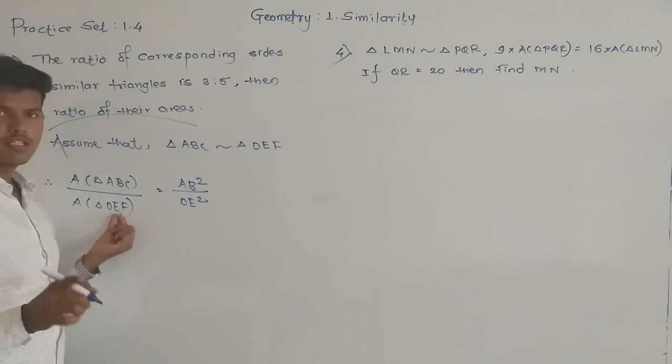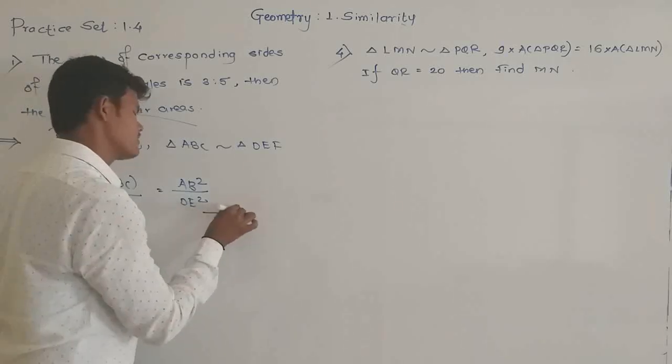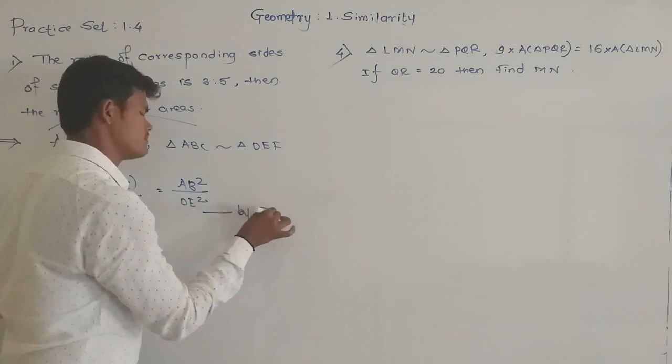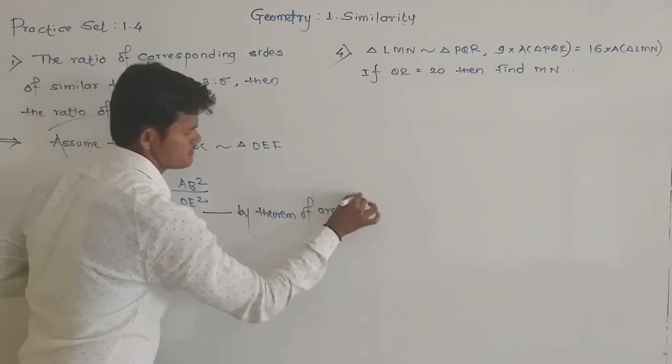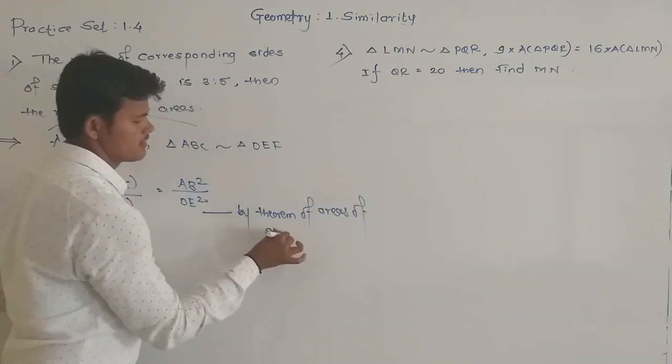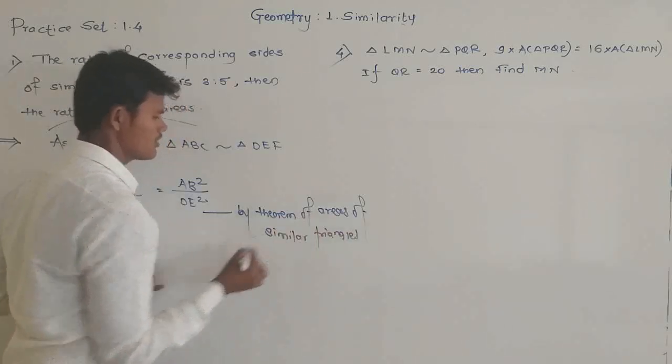That means all the three ratios are equal. So take any one, but write the reason: by theorem of areas of similar triangles.